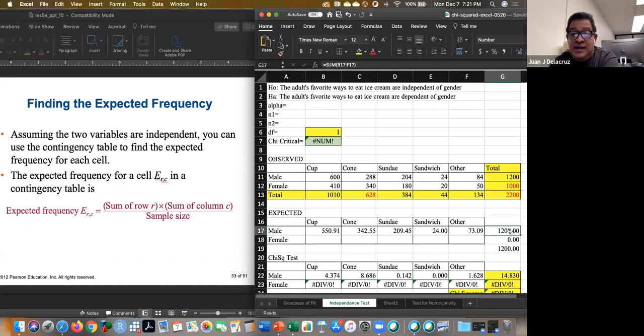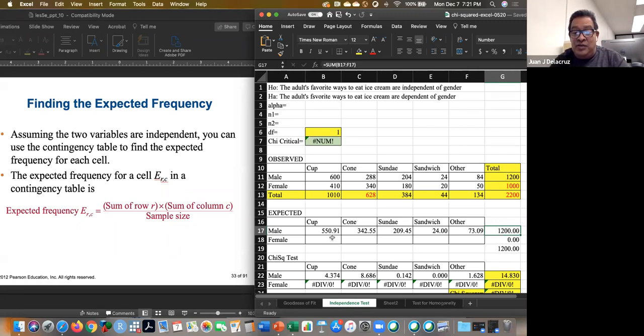So we basically did this very easily. If you find a different number here, that means that you probably miscalculated something. So the observed number of men has to be exactly the same as the observed number of women.